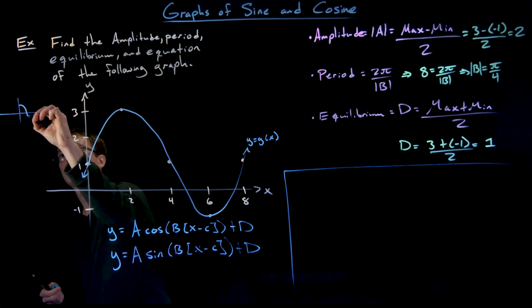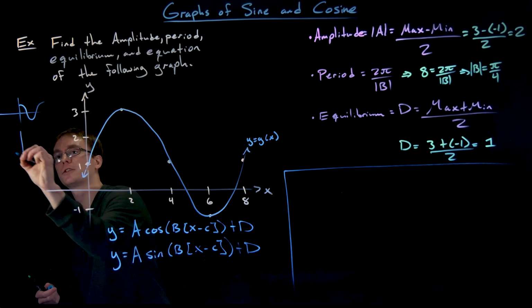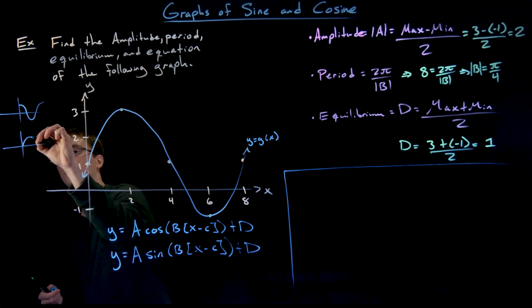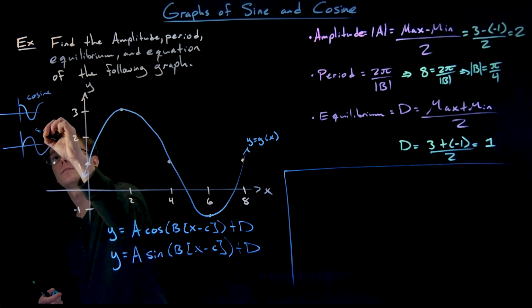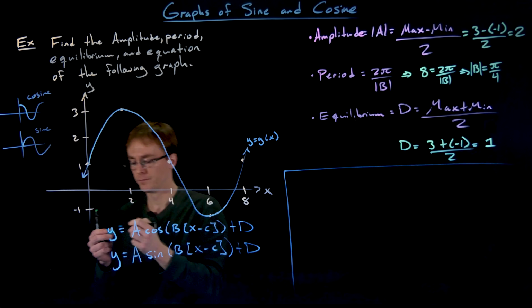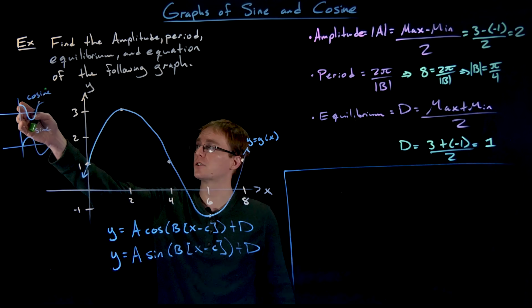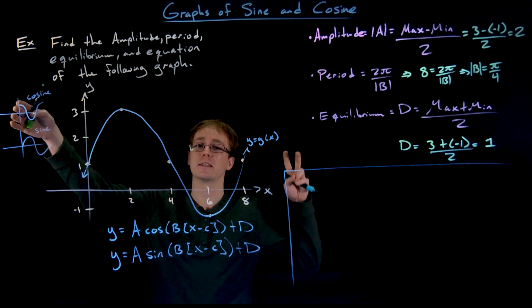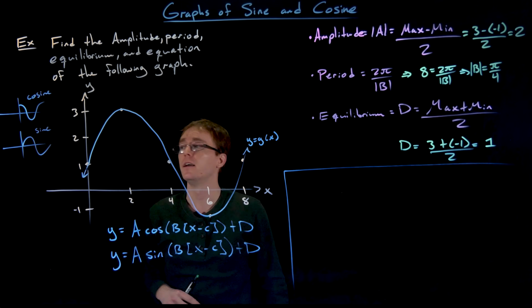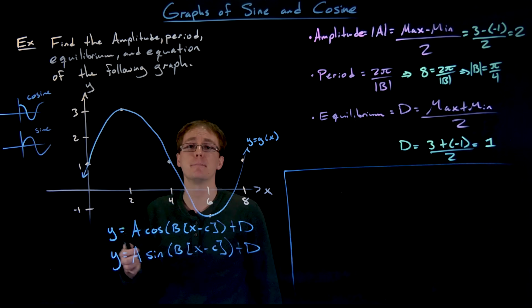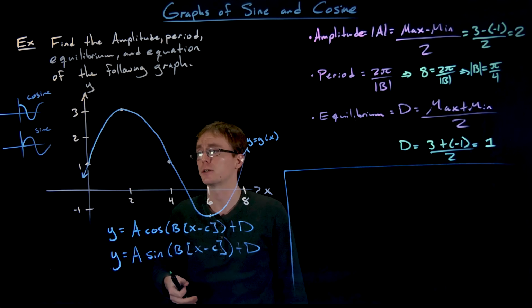Normally our cosine function looks like that for its first period, and normally our sine function looks like this. The behavior we can notice is that our cosine function we can think of as starting at a maximum and decreasing, and our sine function starts at a midline or equilibrium and is increasing.